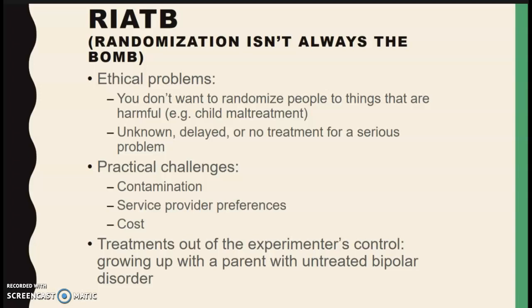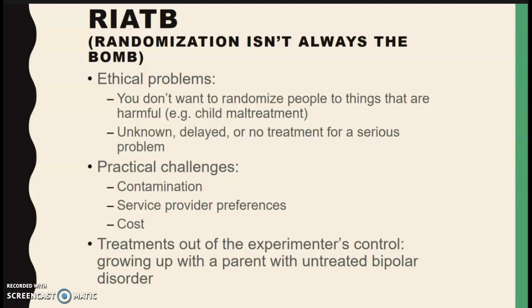Sometimes there are practical challenges to implementing randomization, such as contamination, right? If you've got a couple, right, a partner, we could ethically possibly put one partner into the experiment group and one partner into the control group. But if our intervention is about parenting skills, they're going to contaminate each other, right?